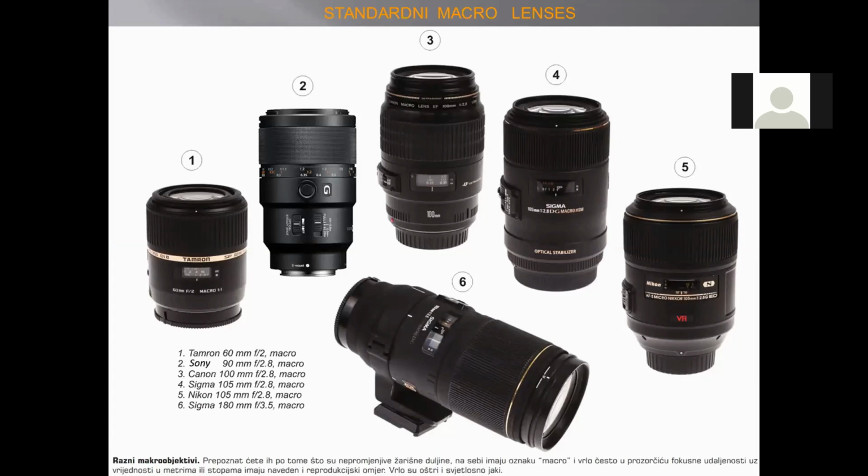So these are the most common lenses that you will find that go to true one-to-one magnification ratio with different focal lengths. So we have here Tamron 60 millimeter, from Sony there is 90 millimeter, then we have other lenses ranging from 100, 105 until 180 millimeter.